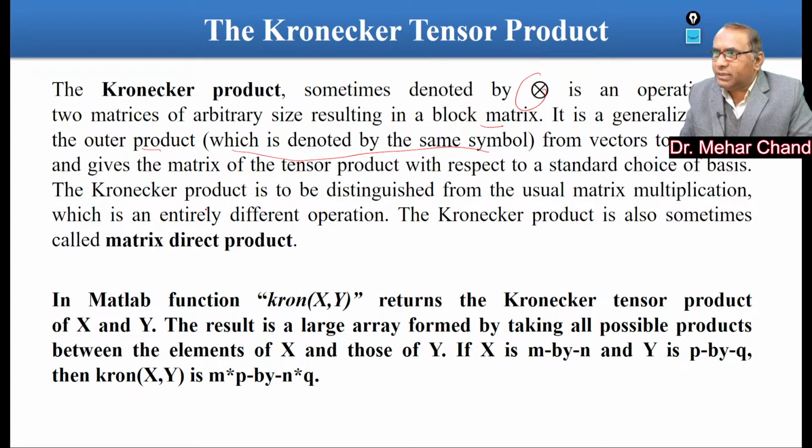The Kronecker product is to be distinguished from the usual matrix multiplication, which is an entirely different operation. The Kronecker product is also sometimes called the matrix direct product.